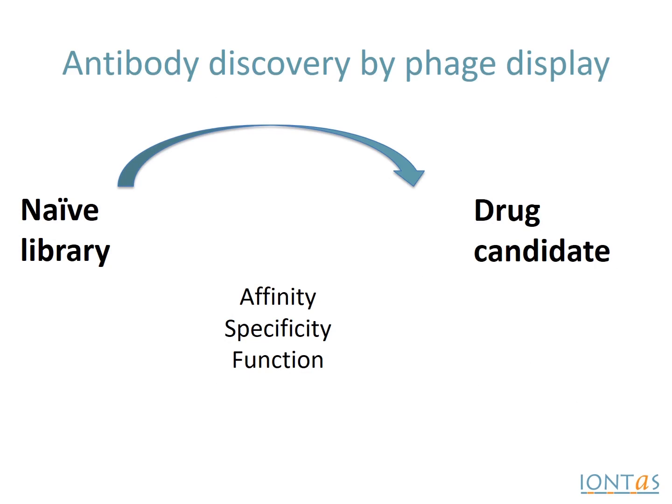So over the years we've been very excited and still are about the power of phage display to start with a large naive library of antibody genes, typically in the 10 to the 10 territory, and go from there through rounds of selection to finish up with a drug candidate. And in fact, one of the first molecules to come out from CAT was Humira, or at least a molecule that went on to become Humira.